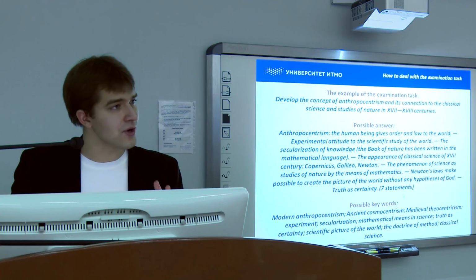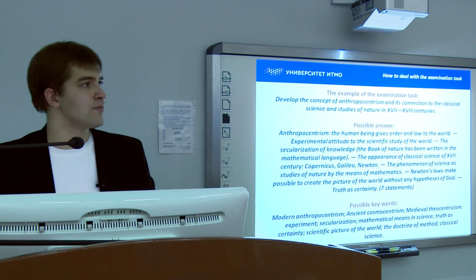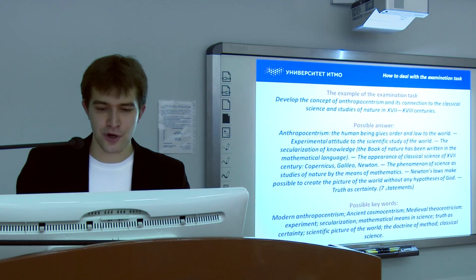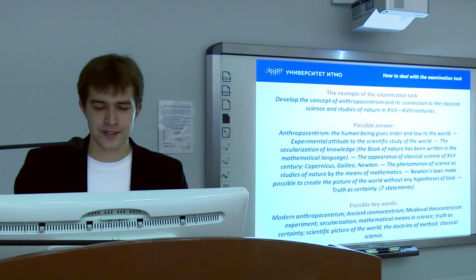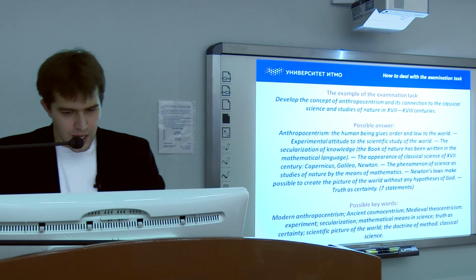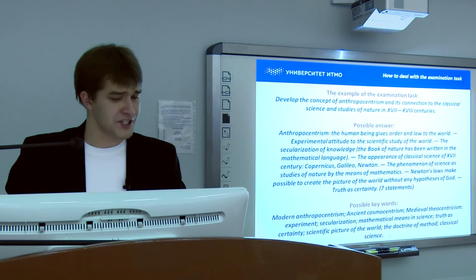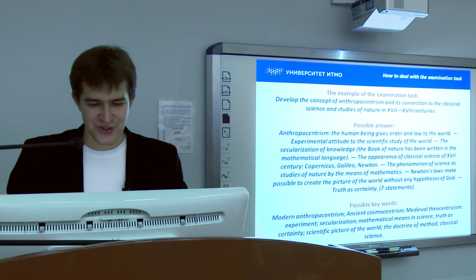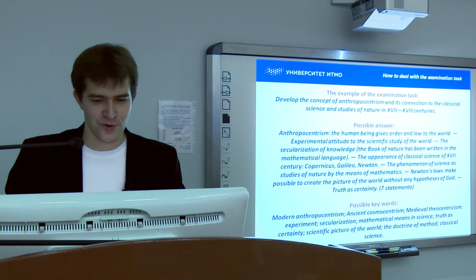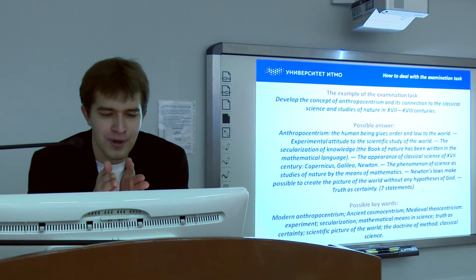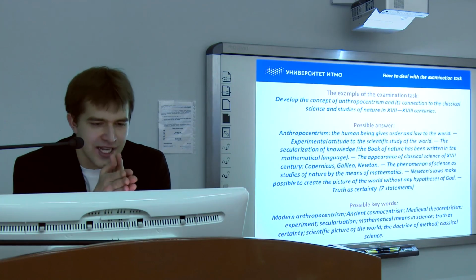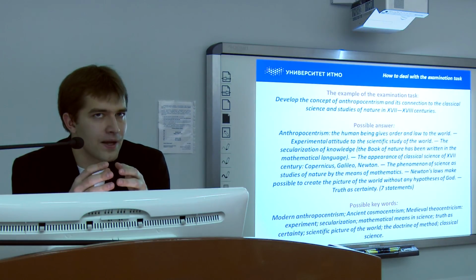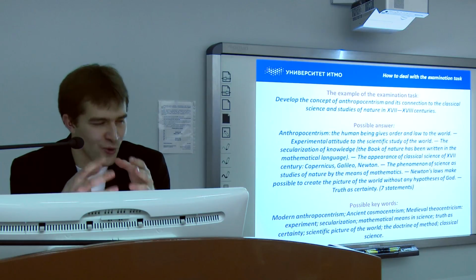To make your idea more clear, more precise, or to mention something beyond the plan of your answer, you can put some keywords afterwards, not more than 10, like modern anthropocentrism, ancient cosmocentrism, and so forth, right? The keywords must show that you understand the terms which you could use if you had to answer this question orally, right?